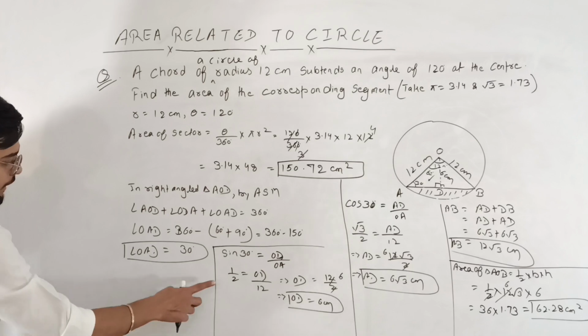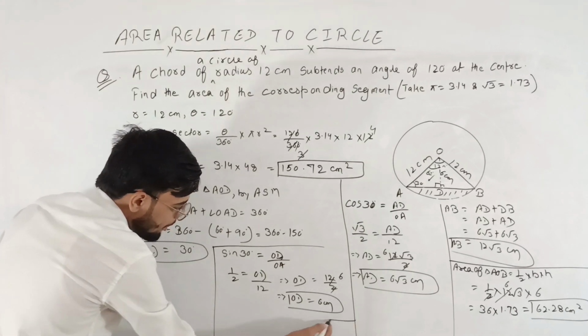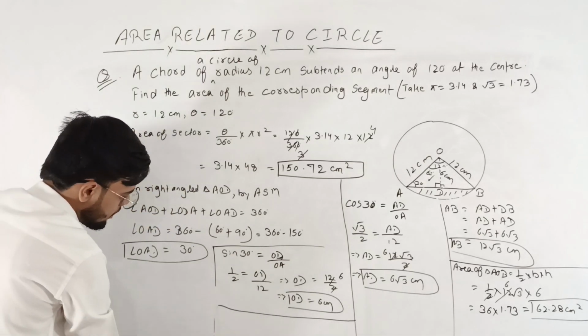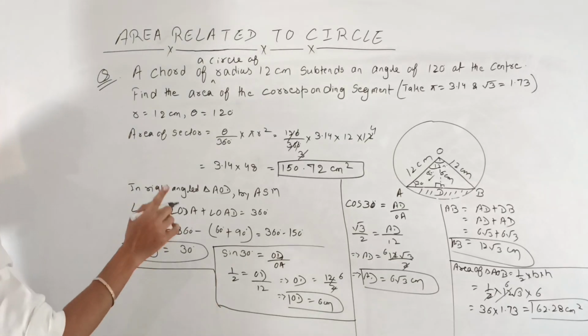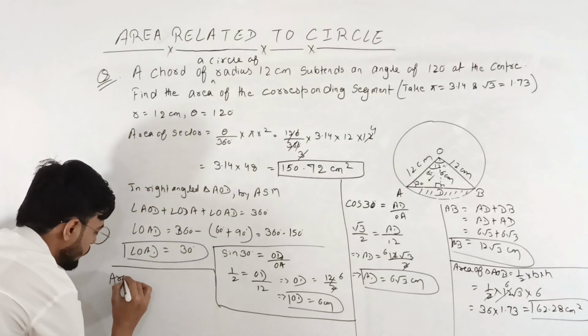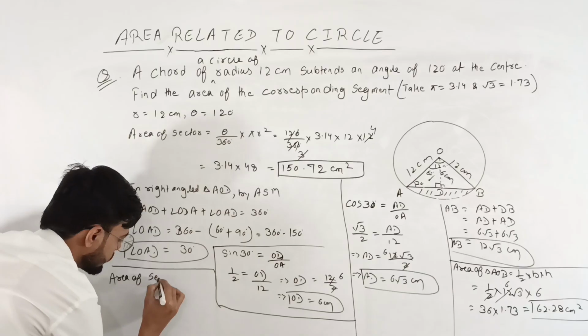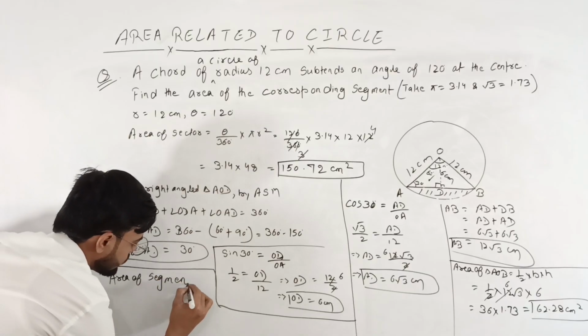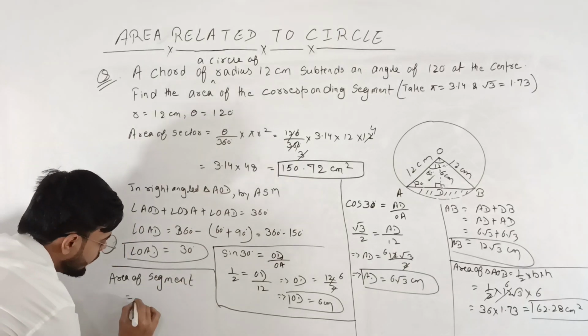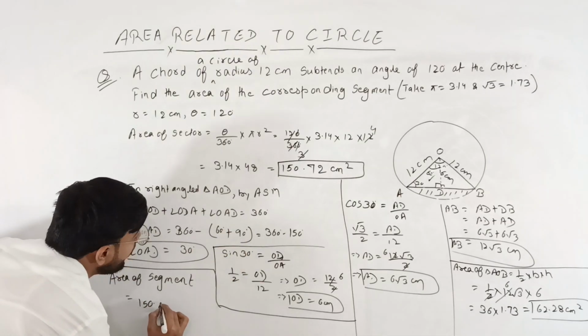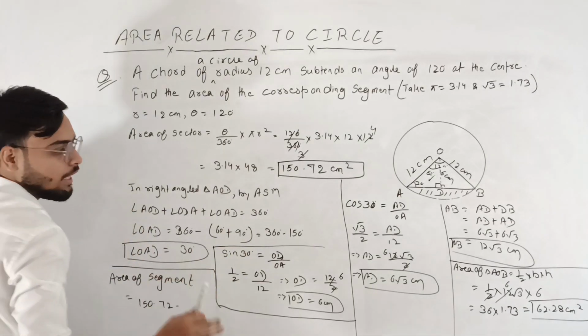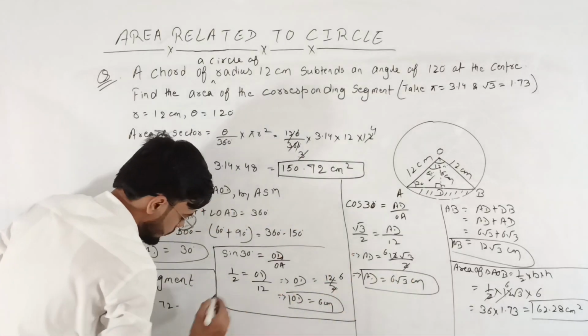Okay, so I write it here. Area of segment is what? Area of sector, this one, 150.72 minus area of triangle, which is 62.28 centimeter square.